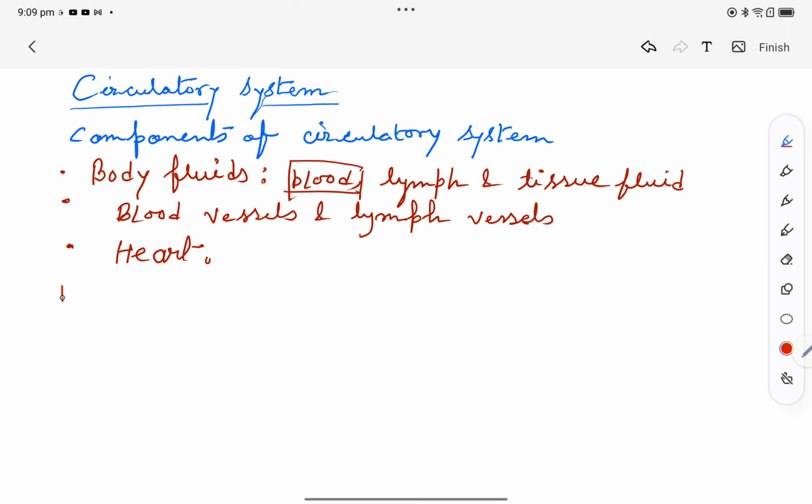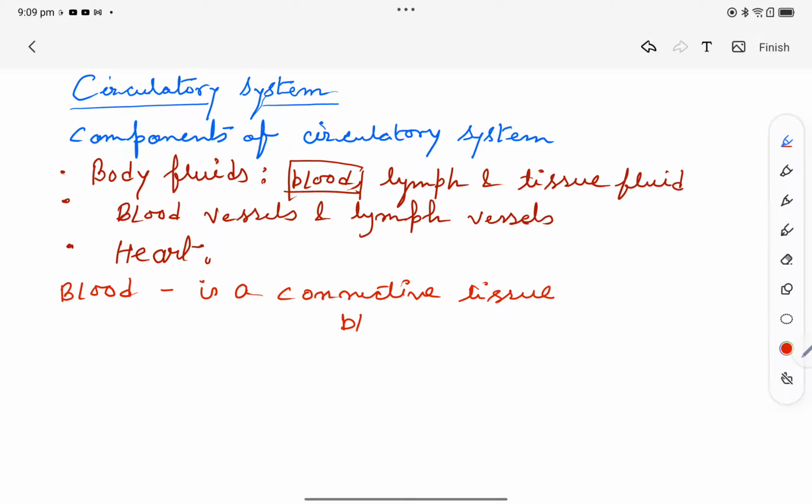So what is blood? Blood is a connective tissue, which is made up of two things.